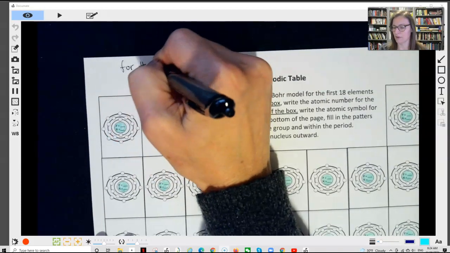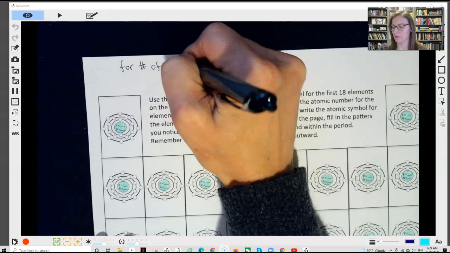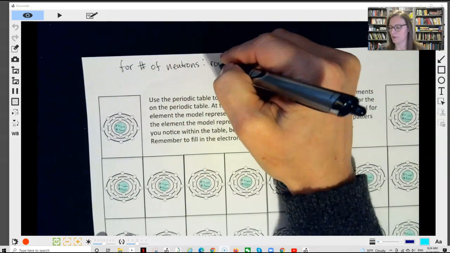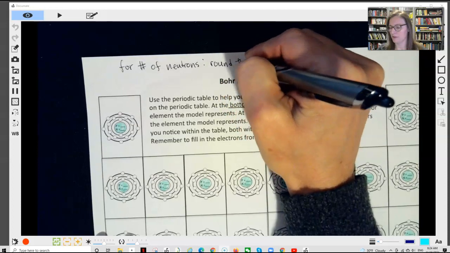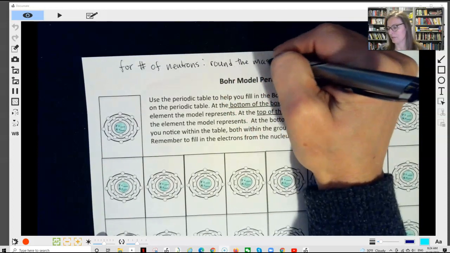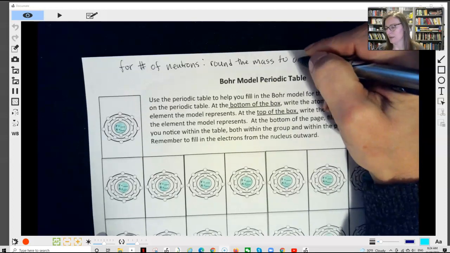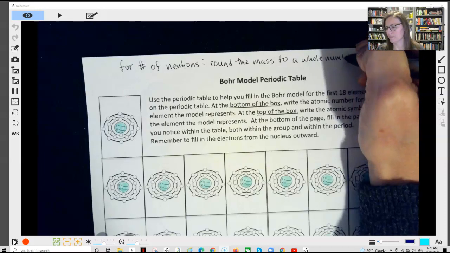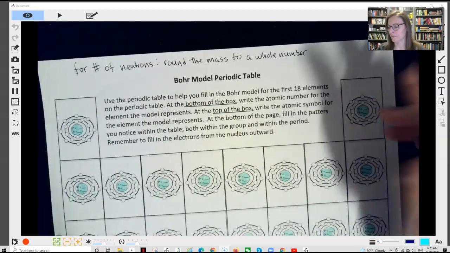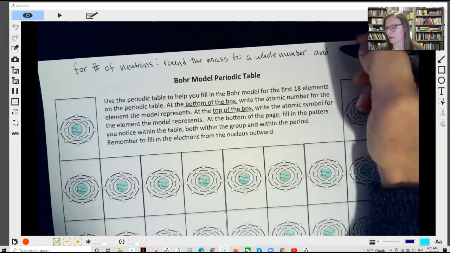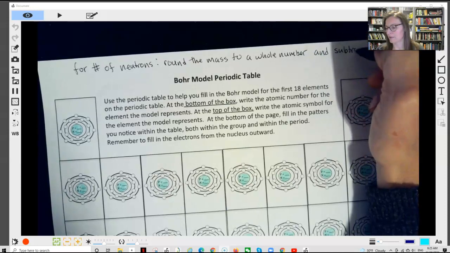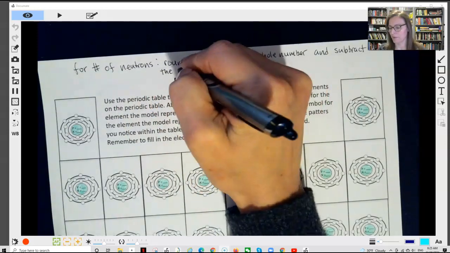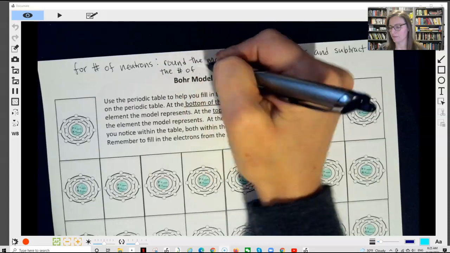For number of neutrons, round the mass to a whole number and subtract the protons, or the number of protons.